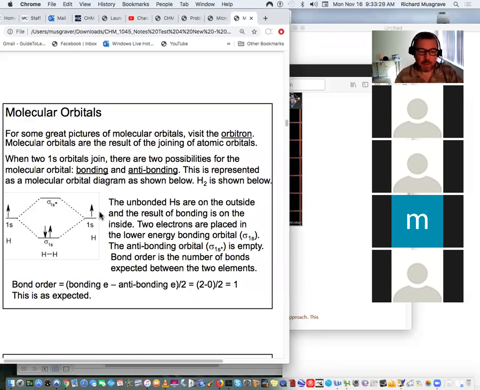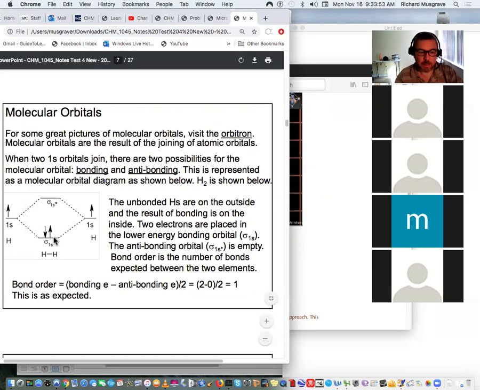Now in hydrogen, we're only dealing with one electron each. So the total number of electrons that we need to account for when we're filling up the molecular orbital is only two. 1, 2. So those two electrons go in here and they go into the bonding section down here. So you'll notice that there's no electrons up here in the antibonding at all, because we don't have sufficient electrons to put in there.